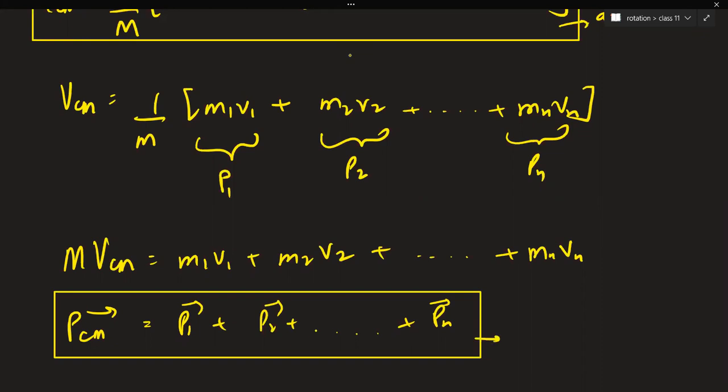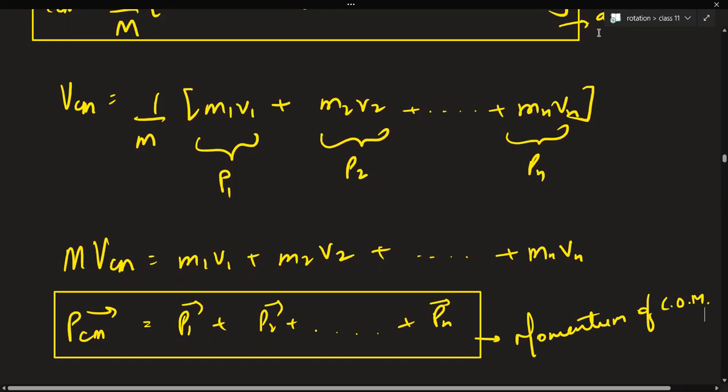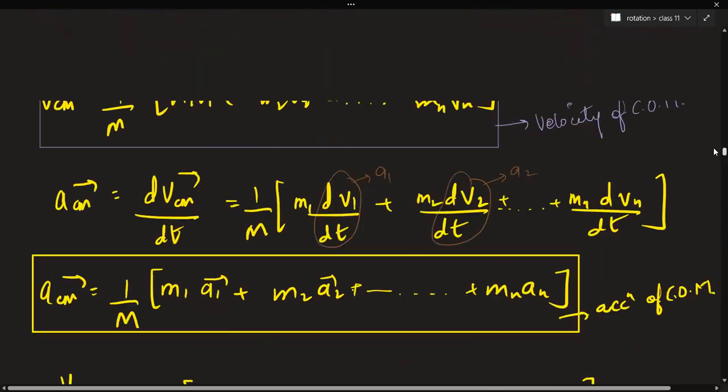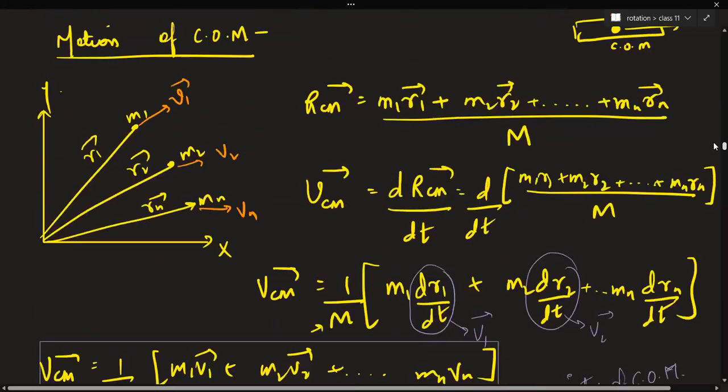Like this will be the total momentum of center of mass. Fine. Now note all these points. These are the formulas for center of mass apart from your position only.